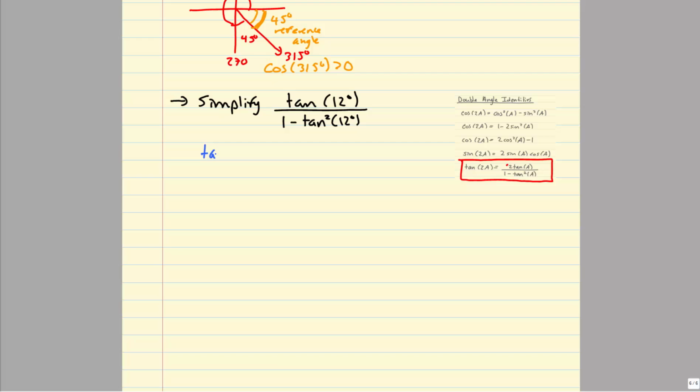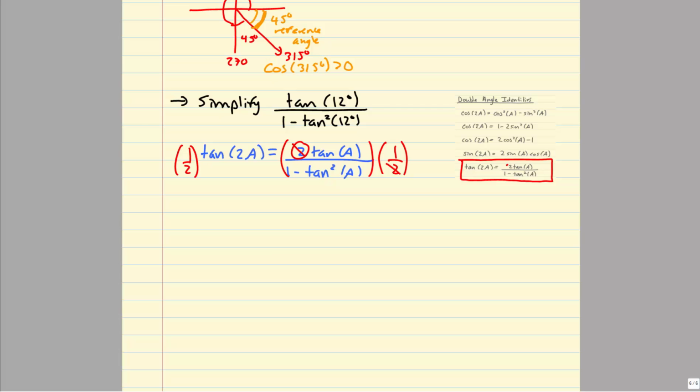So the tangent of 2a is equal to 2 tangent of a over 1 minus tangent squared of a. Now the problem that we have is we don't have this 2 right here. So really what I could do is think about multiplying this times a half to clear that 2. And again, whatever you do to one side, you have to do to the other.